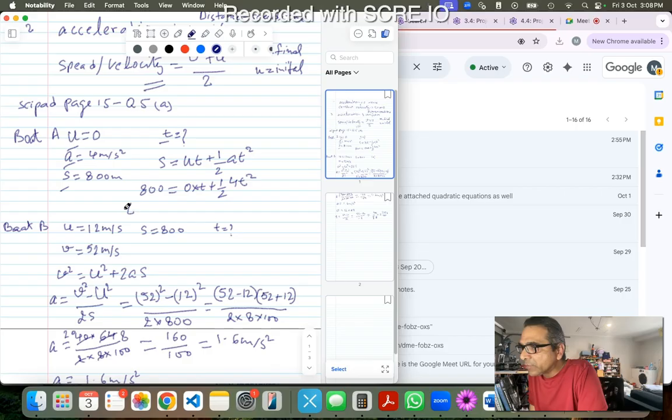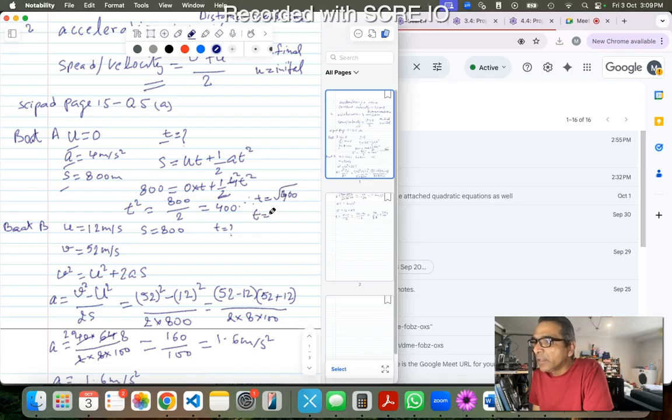So now t squared will be, this will cancel out by this, 800 over 2, which gives us 400, and therefore t equals root of 400, and t will be 20 seconds, right? So this is how we can get it.